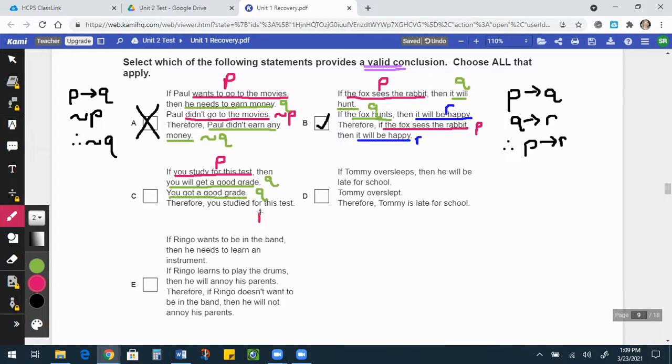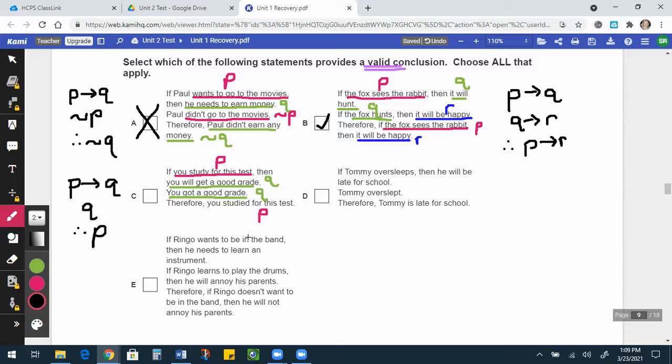That would be P. All right, let's see. What do we have here all together? The first one would be if P, then Q. Q, therefore, P.